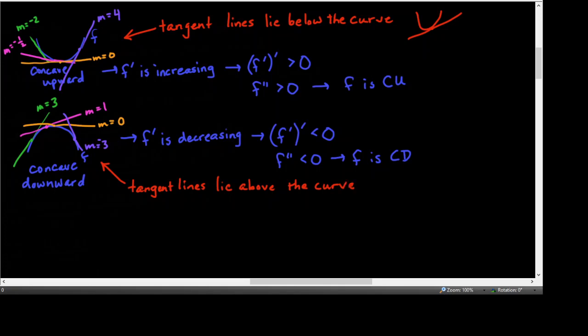And so sometimes that's a helpful thing to know, that all of the y values on that line, except for the point of intersection, are greater y values than the curve. So if you're trying to figure out if something is concave up or concave down, this location of the tangent line might help you to make a decision about if it's concave upward or downward if you're looking at a graph. Okay.